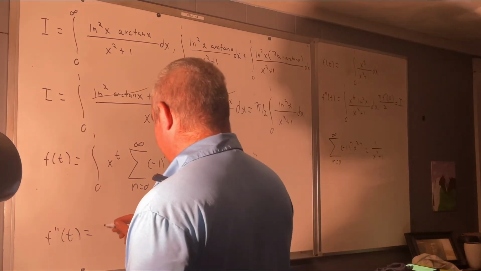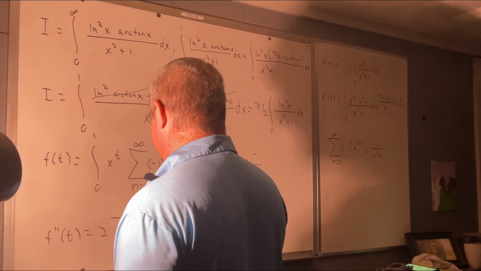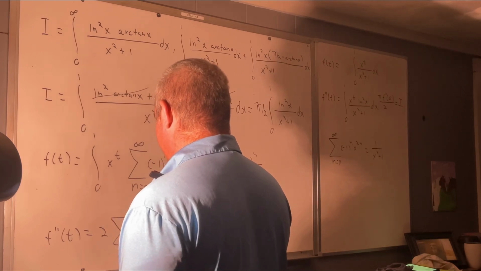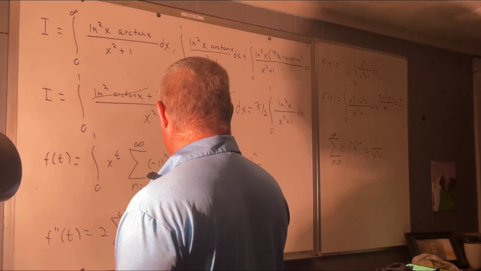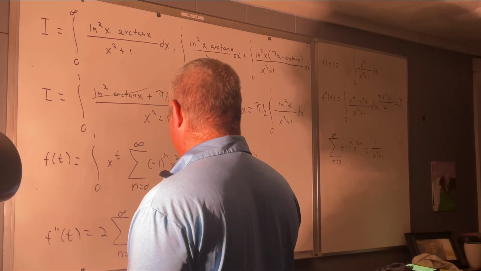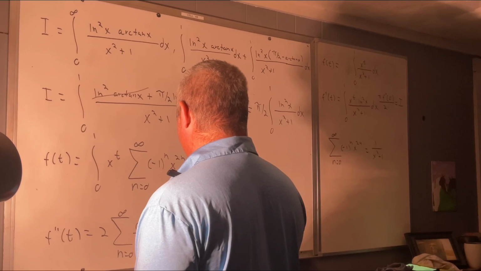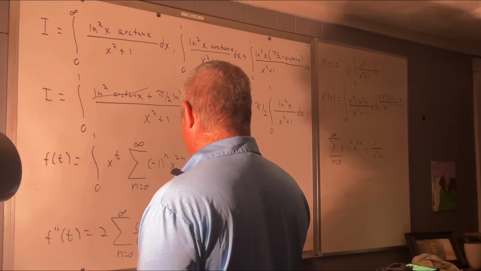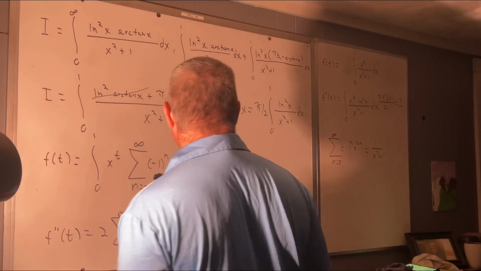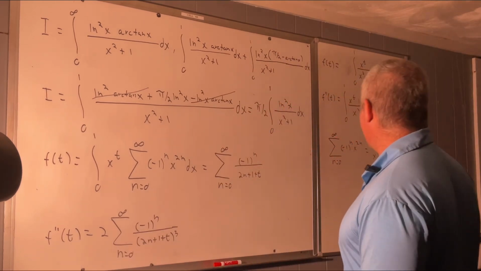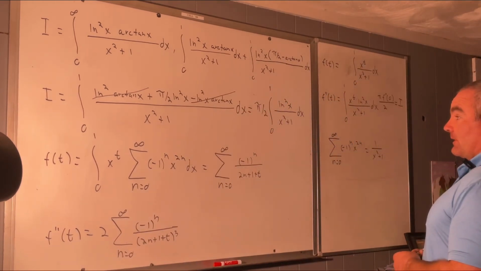And I'll just tell you that's going to be equal to 2 times the sum as n goes from 0 to infinity of negative 1 to the n over 2n plus 1 plus t, all cubed. All right. Well, there we go.